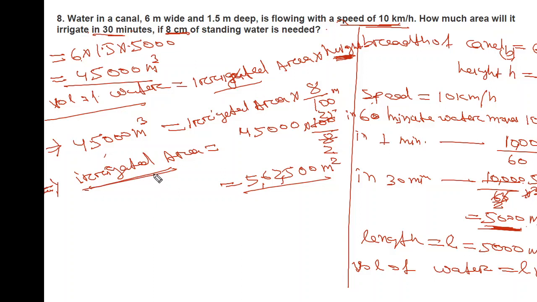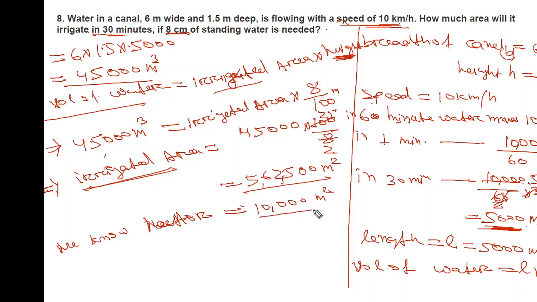Now you know that 1 hectare is equal to 10,000 meter square.